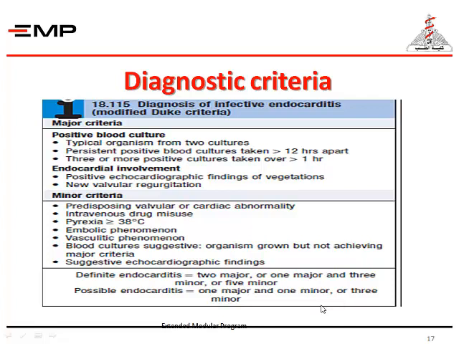The major criteria are positive blood culture with a typical organism from 2 cultures, as if we have a positive culture for Staphylococcus aureus twice, or persistent positive cultures taken more than 12 hours apart, or if we have 3 or more positive cultures taken over more than 1 hour.